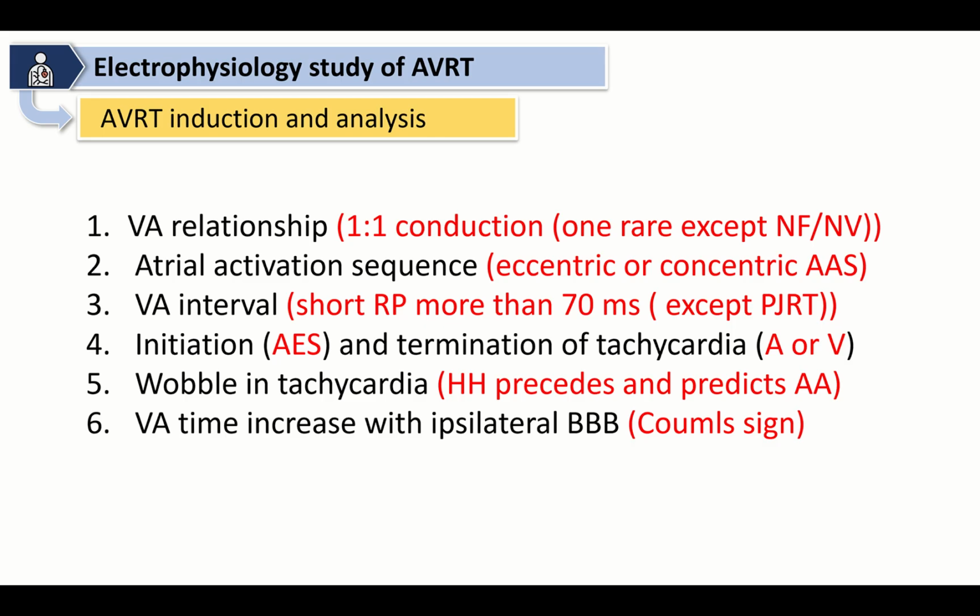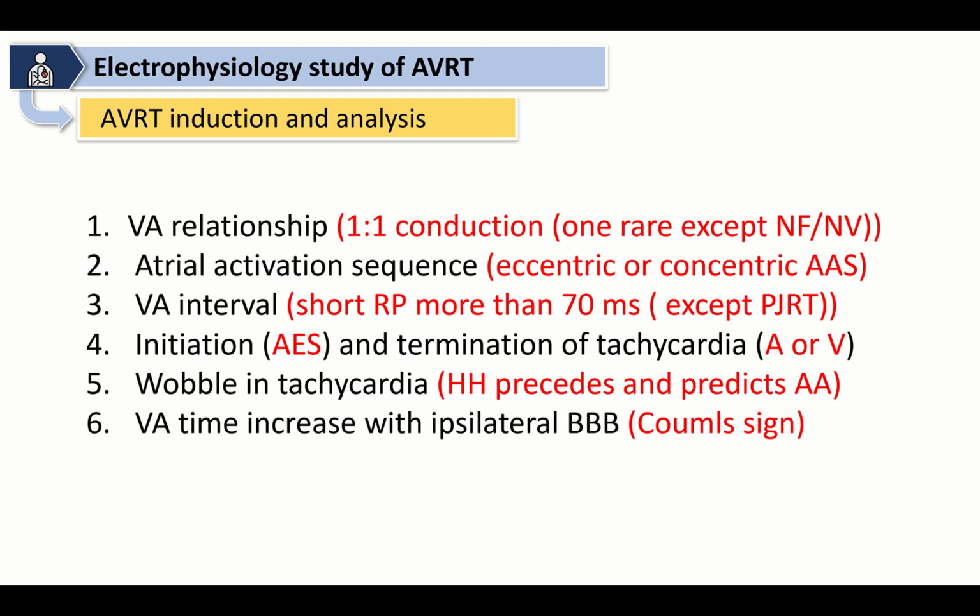Number 4, how do we initiate AVRT? By atrial extra stimulus, sudden loss of accessory pathway, block of the accessory pathway conduction, then initiation of tachycardia, antegrade AV node, retrograde accessory pathway, termination of tachycardia may be A or V. Wobble of tachycardia, usually AVRT is His dependent. H interval change predicts AA interval change.